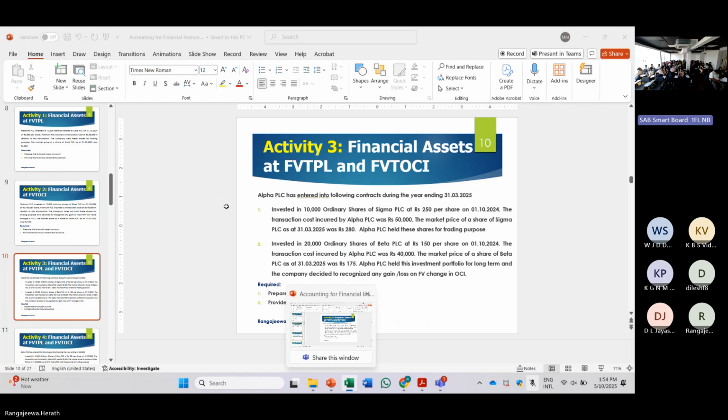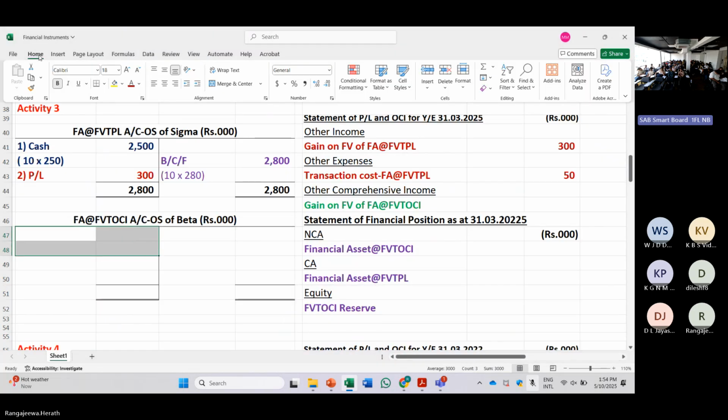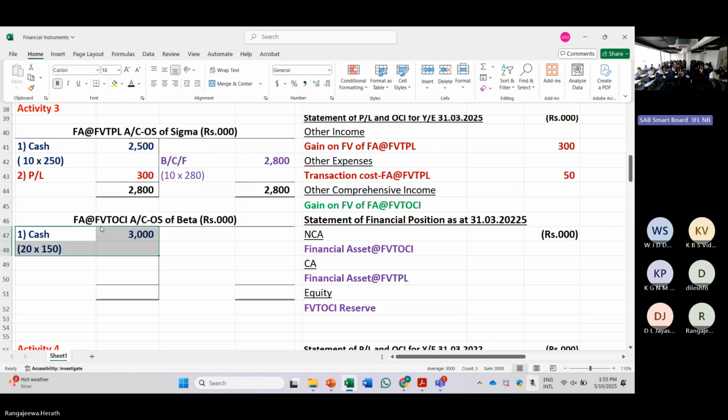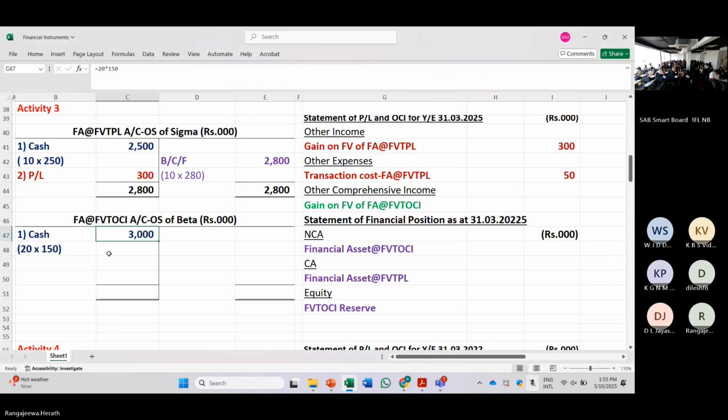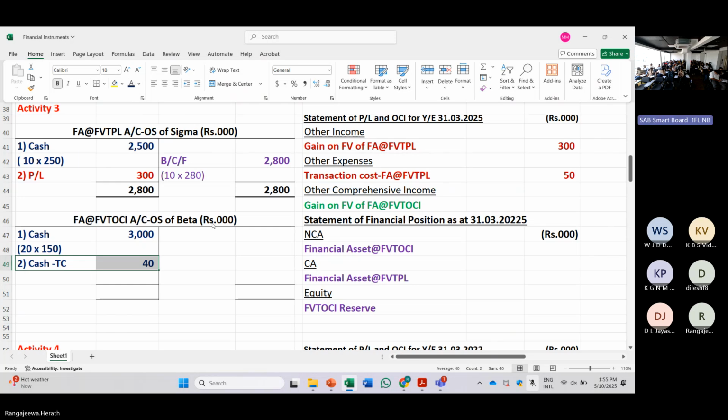Right? So we can classify it as fair value through OCI, investment in Beta. So 20,000 into 150, 3 million. Transaction cost 40,000 we can add.